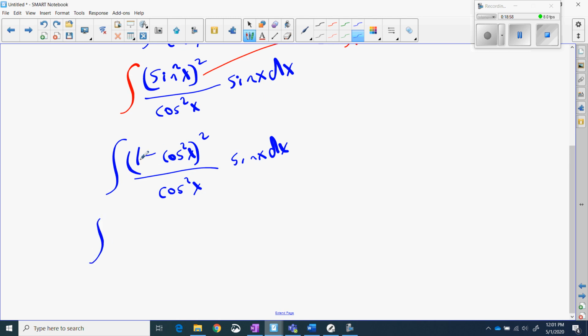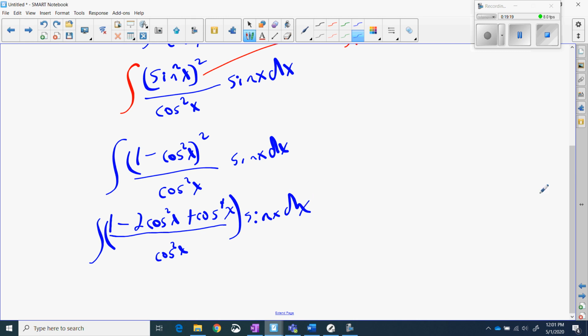So it's the integral. Square this binomial, so square the first, multiply and double, square the last one, all of that, over cos squared x, and I still will have my sine x dx here with us.